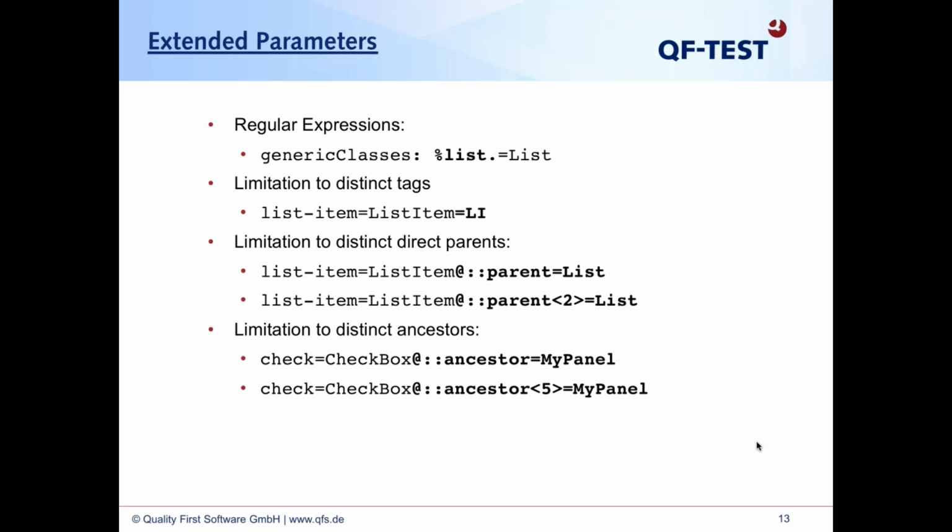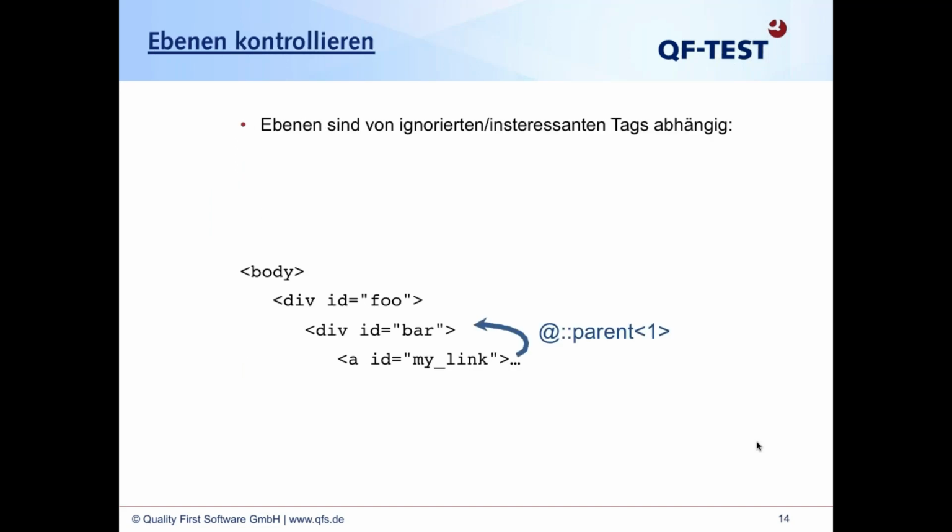It depends on what QF-Test sees as interesting elements. The layers depend on the ignored or interesting tags seen by QF-Test. If you reference the parent directly and have no special resolvers installed, it's exactly the same as what you see in the DevTools.